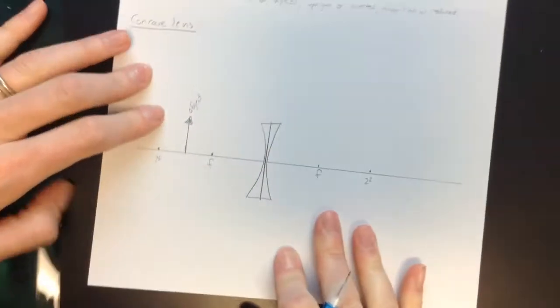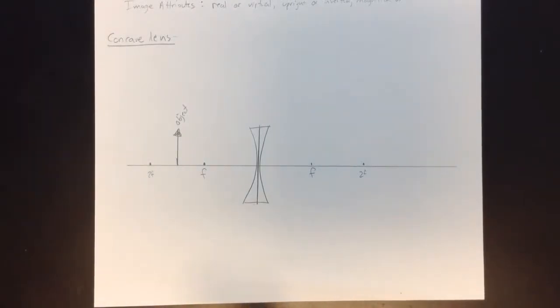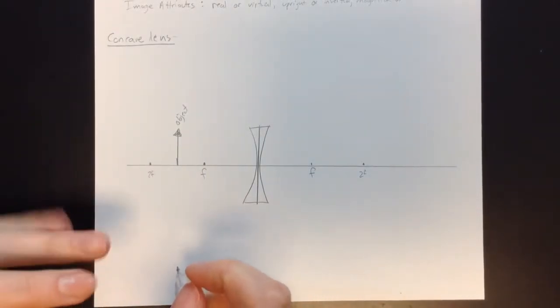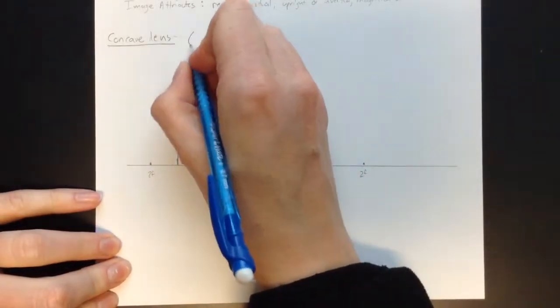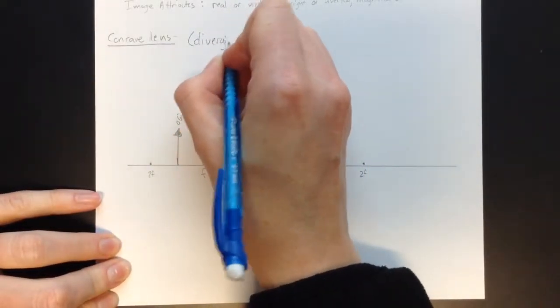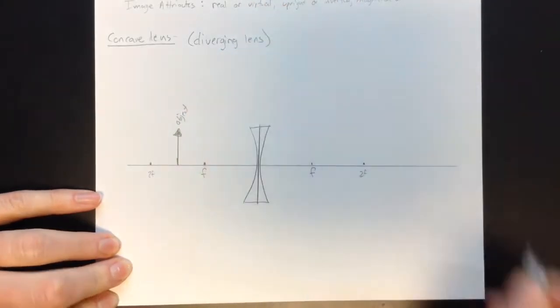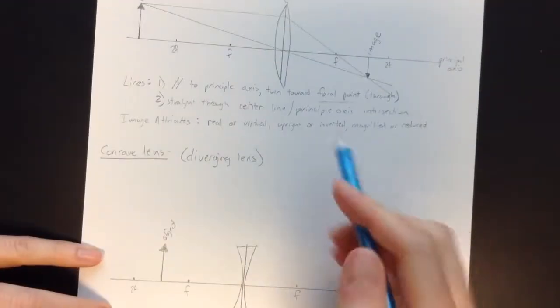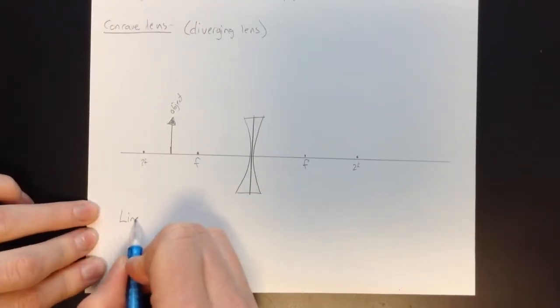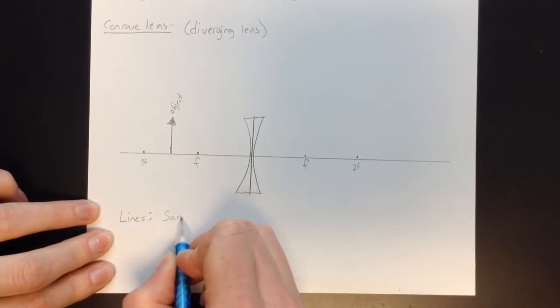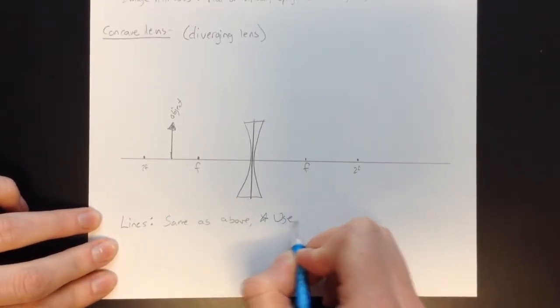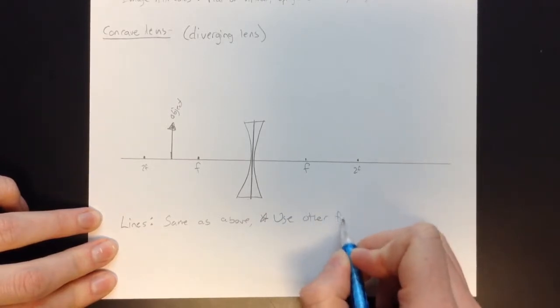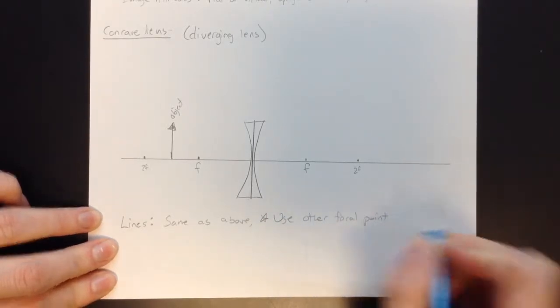Alright, so there's my object, and I'm going to draw the exact same lines, but because this is a diverging lens, the focal point that I turn to, remember it's the same directions as up here, but I have to choose the right focal point. So I'm just going to make a note here: lines, same as above. Use other focal point. Okay.